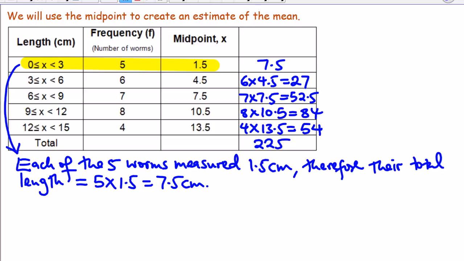Now this 225 is basically an estimate of the total length of all worms.